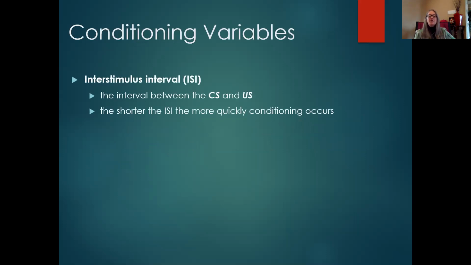Another thing that matters is the interstimulus interval. I was talking about this with the trace conditioning. The shorter the interval is between the CS and the US, when the CS ends and the US begins, if we're talking about trace conditioning, the more quickly learning will occur and the more intense it is.